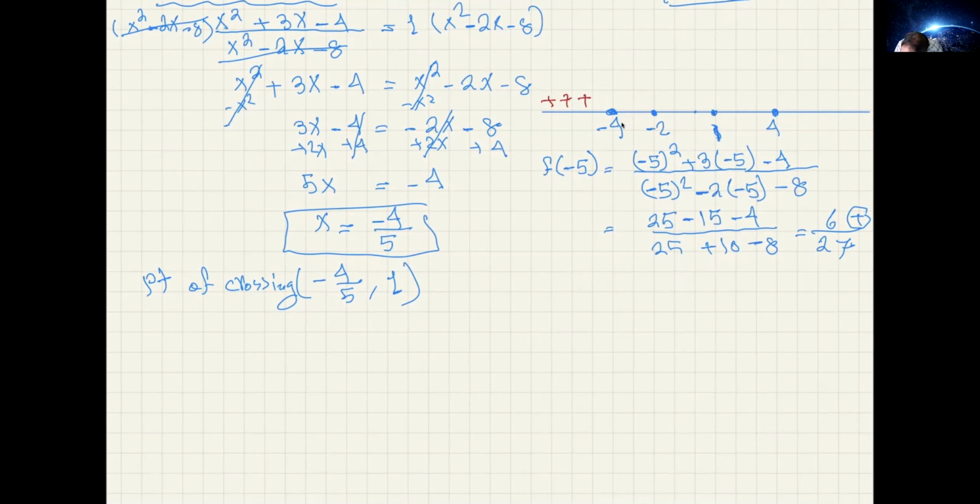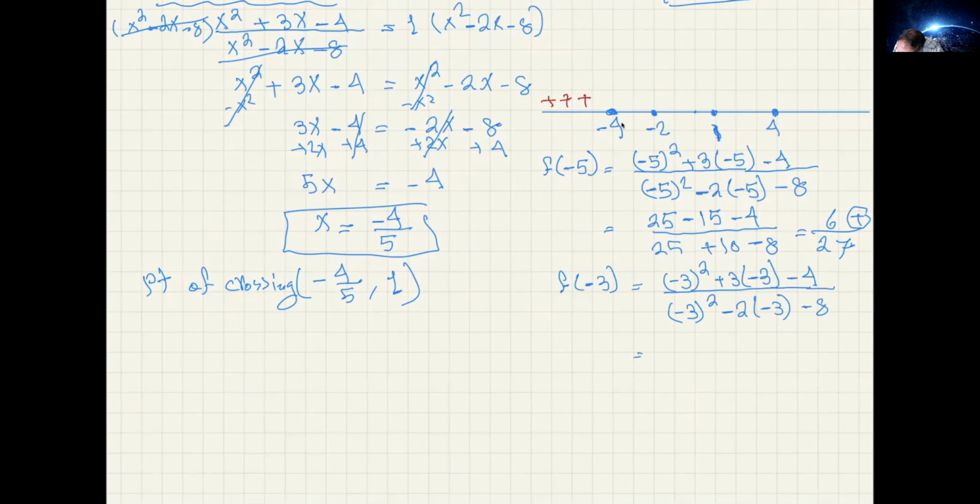So from negative 4 and negative 2, I will plug in negative 3. So f of negative 3 is negative 3 squared plus 3 times negative 3 minus 4 over negative 3 squared minus 2 times negative 3 minus 8. Okay?